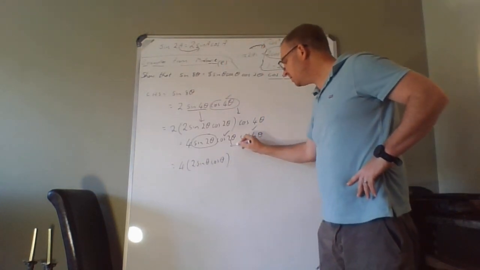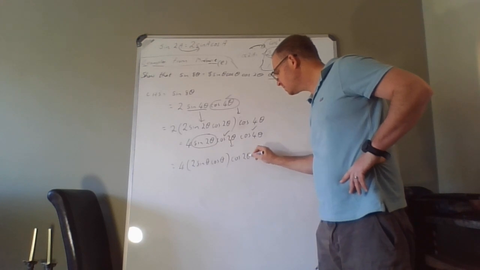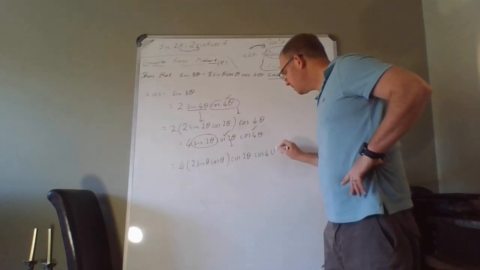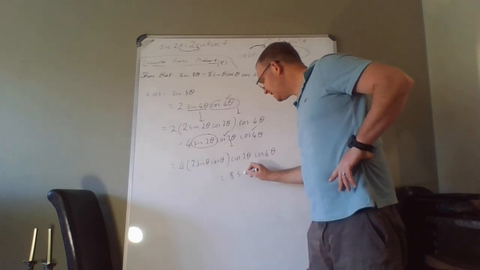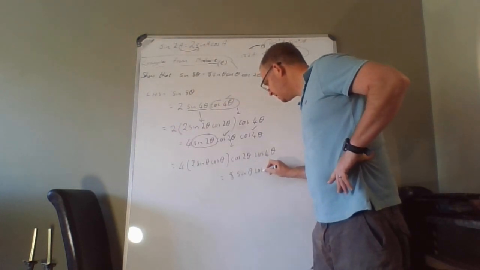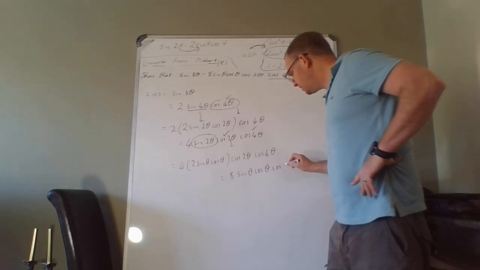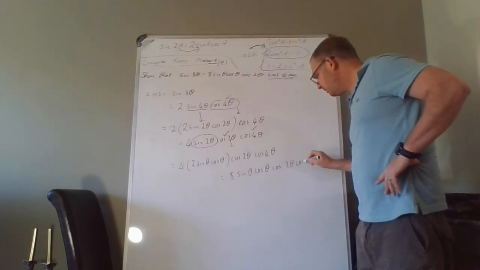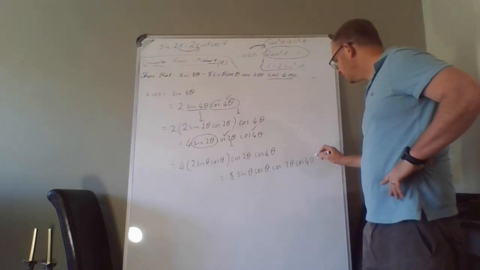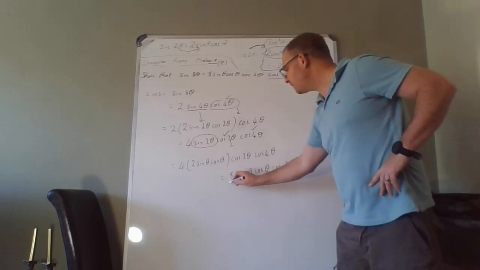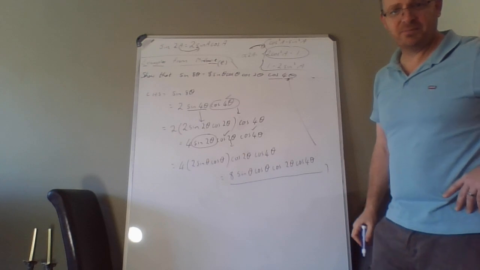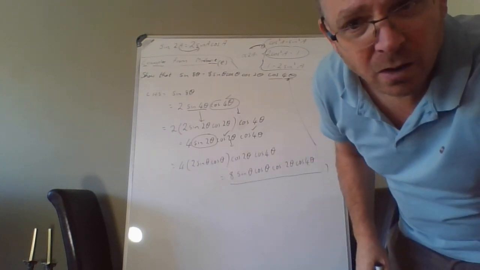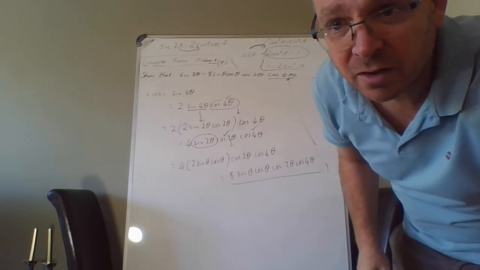Okay, and then I've still got that cos 2 theta and that cos 4 theta, which will give you 8 sine theta cos theta cos 2 theta cos 4 theta. Okay, which voila is that side over there. Okay, very nice. And you've just done your last new sum for the term on the video.